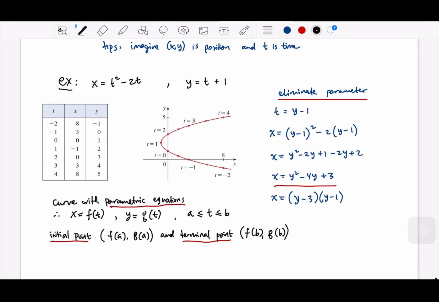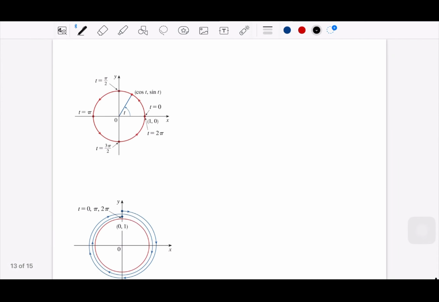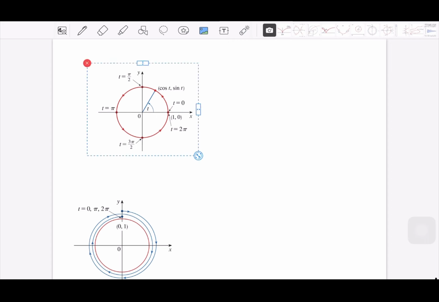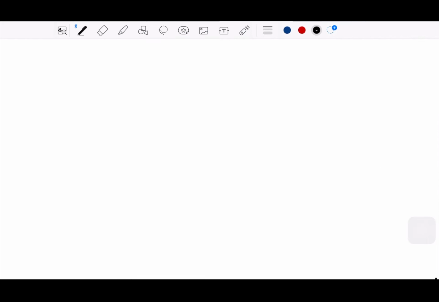Okay, next. Before this, let me write something first. Let's say we have x equals cosine t, y equals sine t, and we need to evaluate t from 0 to 2 pi.